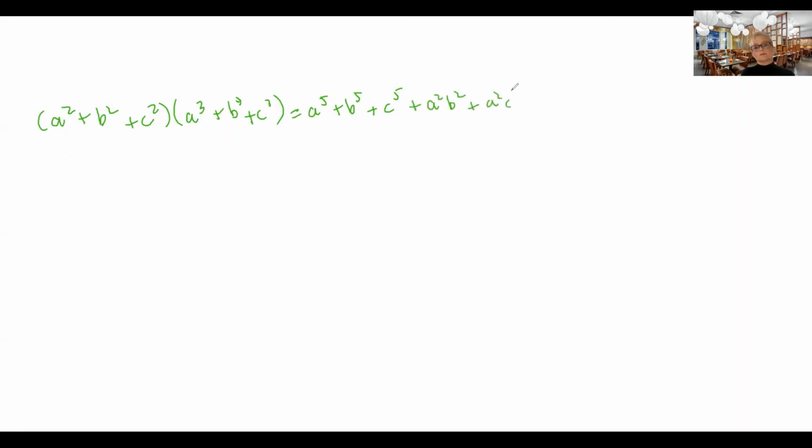So what we had for our initial expression was, we said that 6, well, we had an A squared plus B squared plus C squared times A cubed plus B cubed plus C cubed, and we got A to the 5th plus B to the 5th plus C to the 5th plus these ones minus ABC times AB plus BC plus AC. So that was our sort of critical point there.